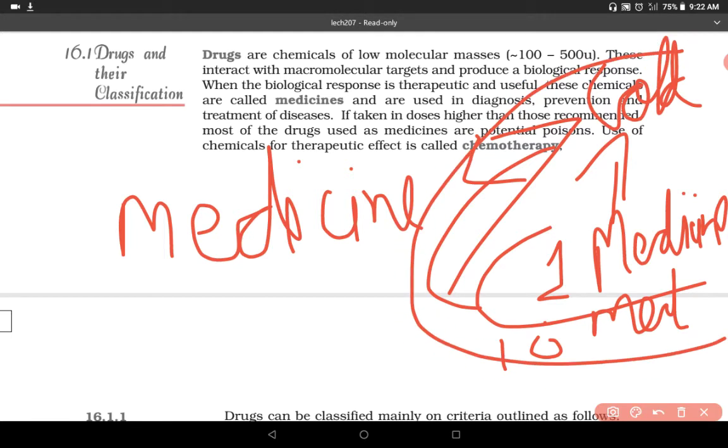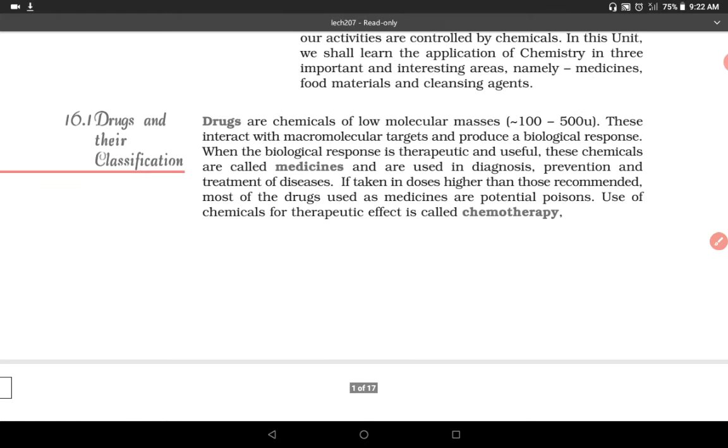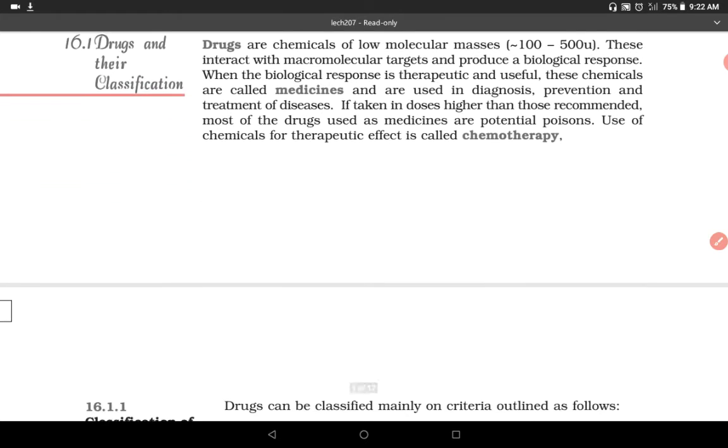So we call it the dose. If we take 10 medicines instead of one, that is a higher dose. If the dose is higher than recommended, the drug turns into a potential poison. Most of the drugs used as medicines are potential poisons.